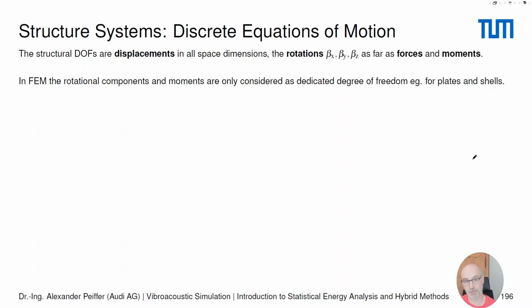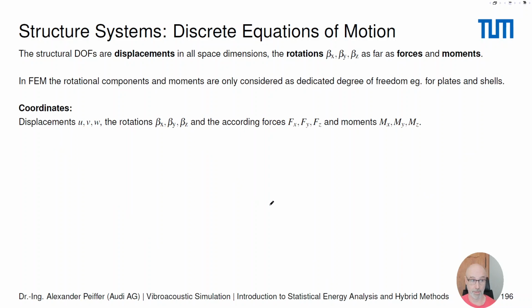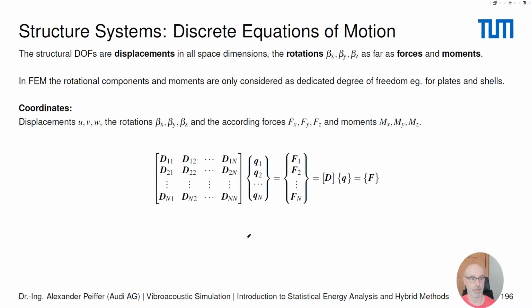This is the case, for example, for plates, shells, or beams. The coordinates that we are using are, as mentioned, the displacements u, v, and w in x, y, and z direction, the rotations around the axes in x, y, and z direction, and the related forces in x, y, and z, and also the moments.